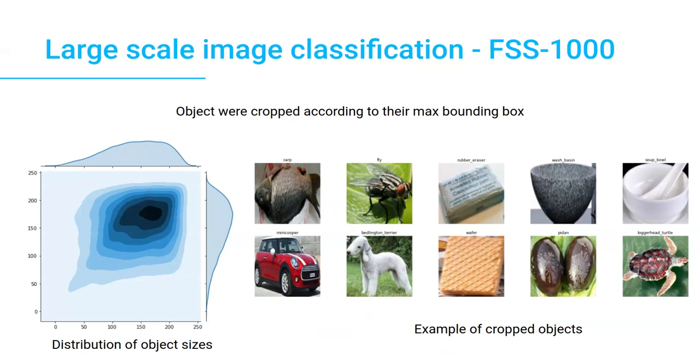Originally, the dataset was collected for the image segmentation task, but we inspected the dataset and found that only one class is presented per image, and usually the object per image fits more than 80% of the image itself.